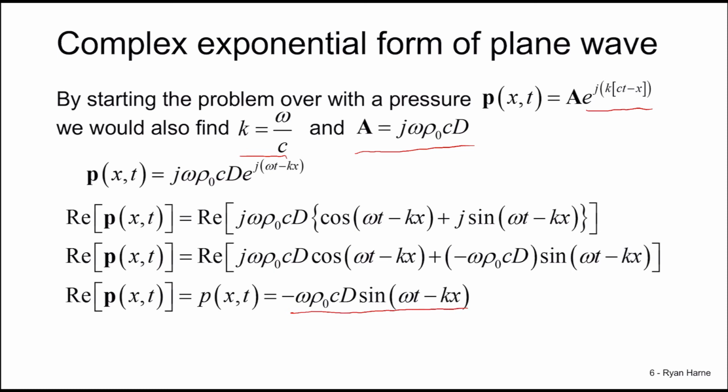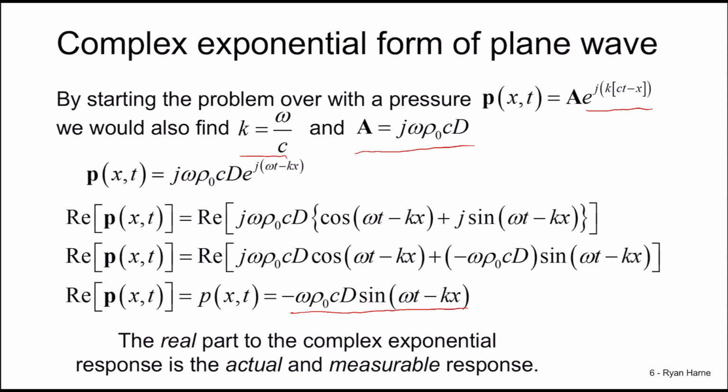In other words, the real part of the complex exponential solution is the actual response. It is the measurable response, and it is in fact the solution we had on the prior slide.